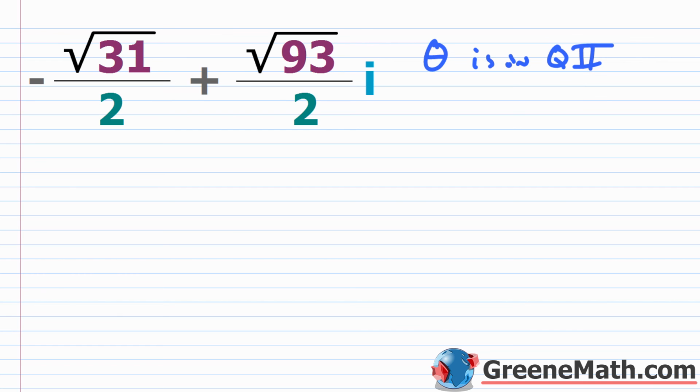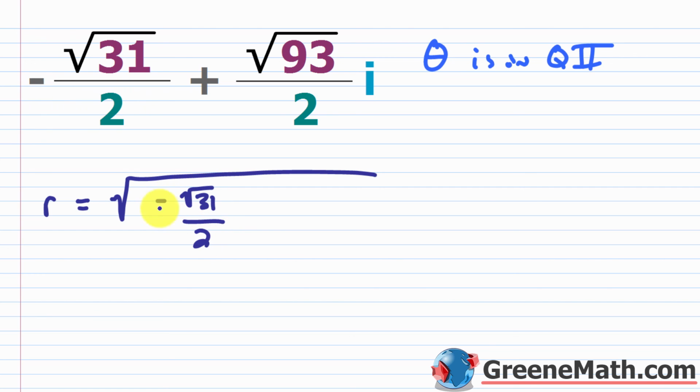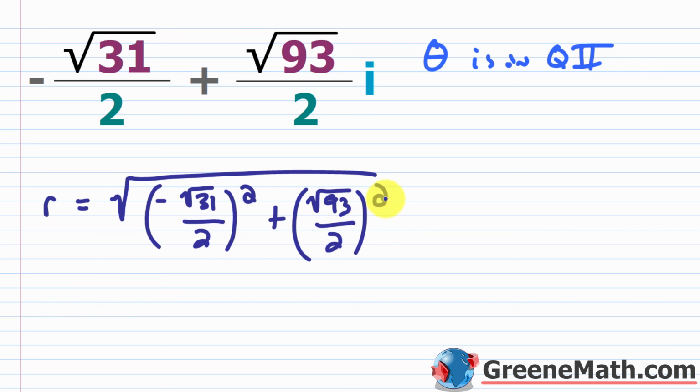Well, let's find r first because that's a little bit easier. So r equals the square root of, take your real part being squared. So negative of square root of 31 over 2, we're going to square that, plus take the imaginary part, the square root of 93 over 2, squared. So r is equal to what? If I square this, I'm going to get 31 over 4.